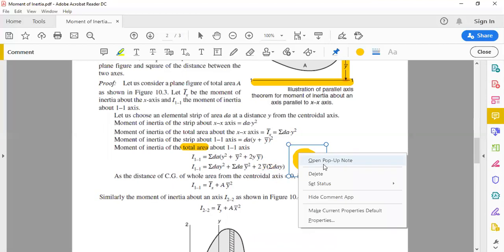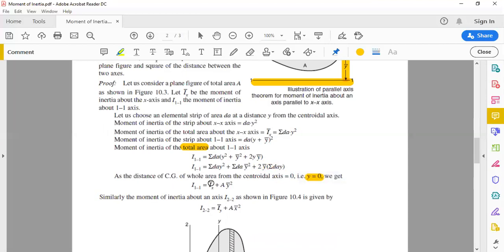Now next, let us substitute the values. What is sigma dA into y square? Sigma dA into y square is Ixx. Next, what is sigma dA?